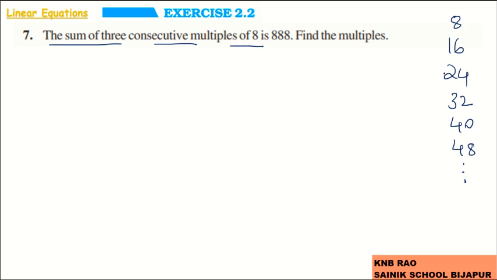If you know any one, the other two you can easily get by adding 8, and further one more by adding twice 8. For example, if I start with 24, plus 8 gives me 32, and plus 8 to 32, that is 16 more than 24, gives you 40.